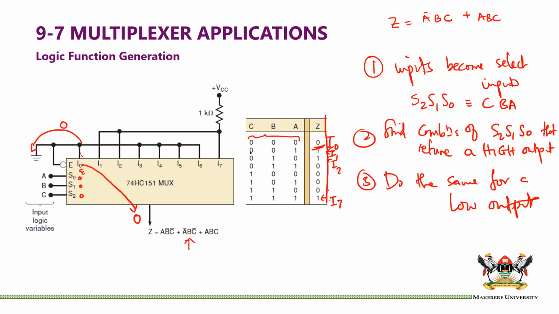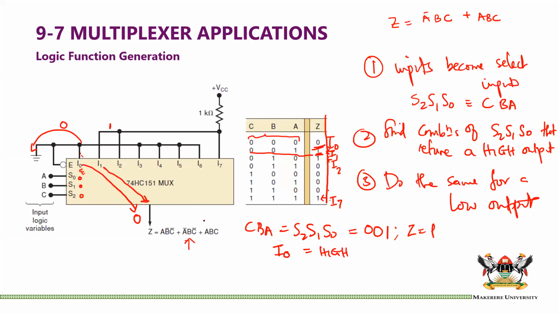The case for I1, when CBA is equal to S2, S1, S0 is equal to 0, 0, 1: 0, 0, 1 selects input I1, and for this case, Z is 1. So I1 needs to be connected to a high, so that when we select I1, what passes through to the output is actually high.